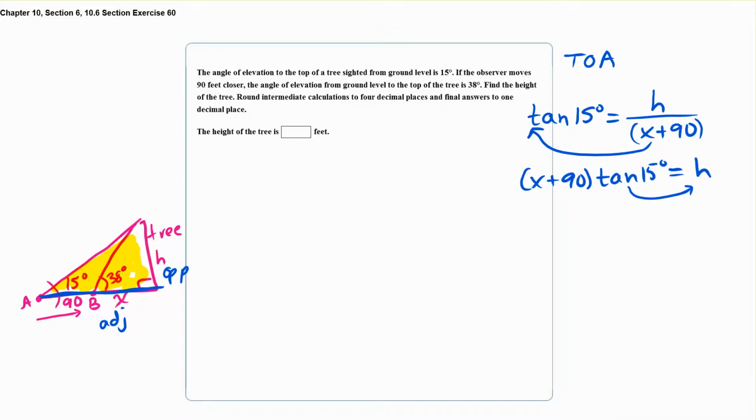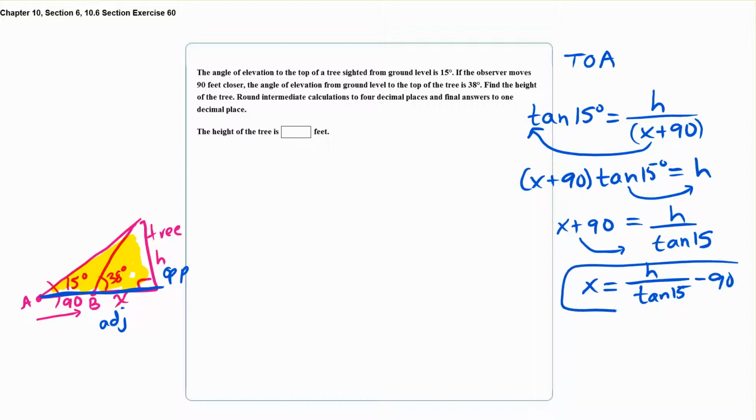So that's going to give me x plus 90 equals h divided by tangent of 15. And now we can subtract 90 after that expression. So x equals h divided by tangent of 15 minus 90. So that would actually be an expression that lets us solve for x later.